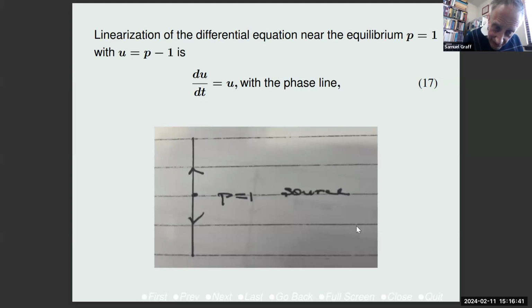On the other hand, when U is negative, or P is less than 1, solutions decrease. So it turns out that the equilibrium P equals 1 is a source, and solutions leave the source, whether P is greater than 1 or less than 1.